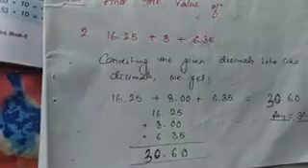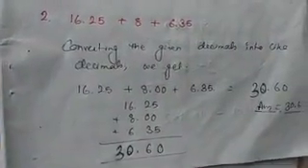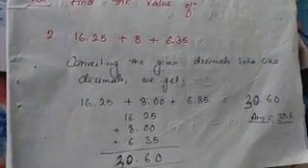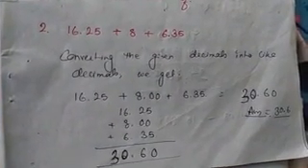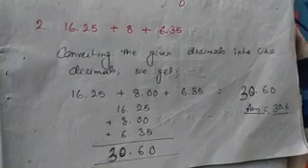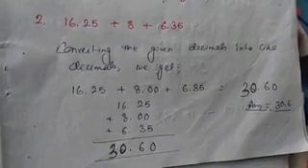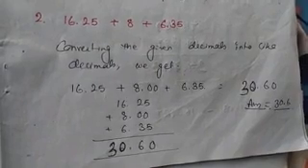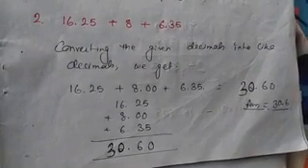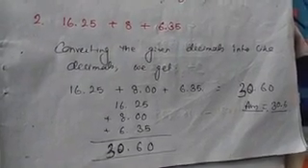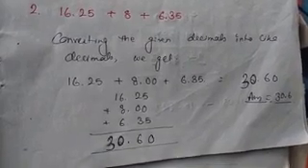72.946. Now number B. Find the value of 16.25 plus 8 plus 6.35. Again, we have to convert the given decimals into like decimals. So, we get 16.25 plus 8.00 plus 6.35.